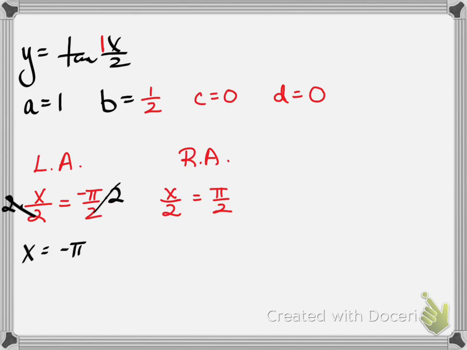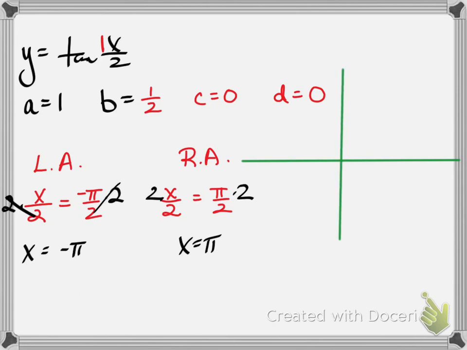So now we're at negative pi for the left asymptote and positive pi for the right asymptote. Draw those asymptotes.